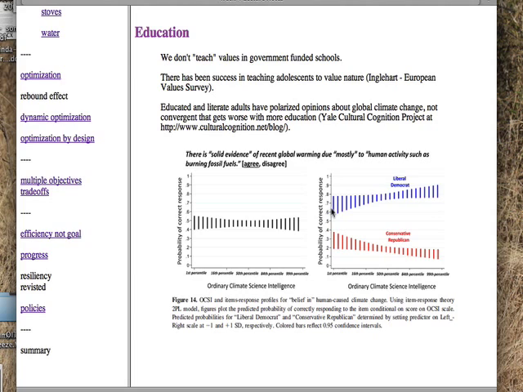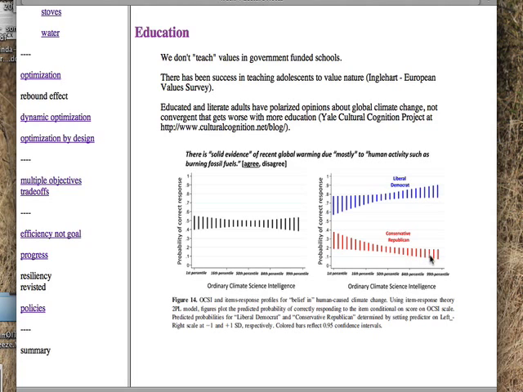This was a project done by the Yale Cultural Cognition Project. This is their probability of what they think the correct response is to global climate change. Should we have more regulation or less? Liberal Democrats diverge from conservative Republicans, and it's hard to see the bottom, but this is the amount of their education and literacy on climate issues.